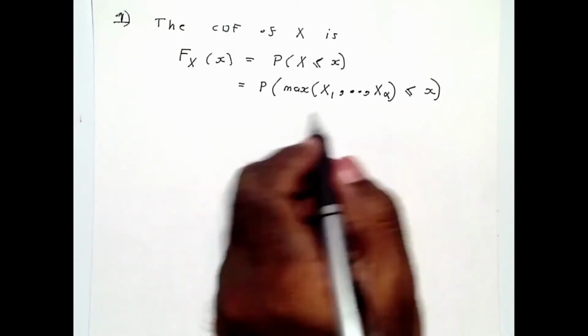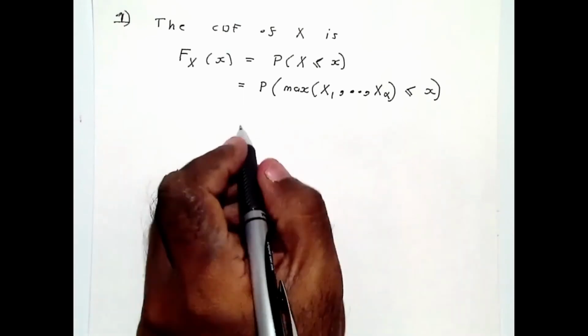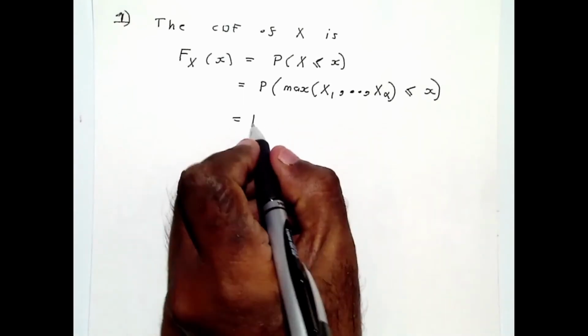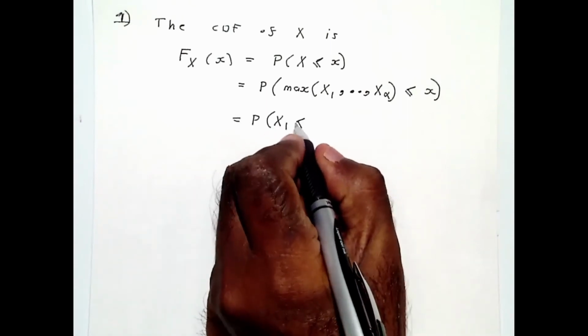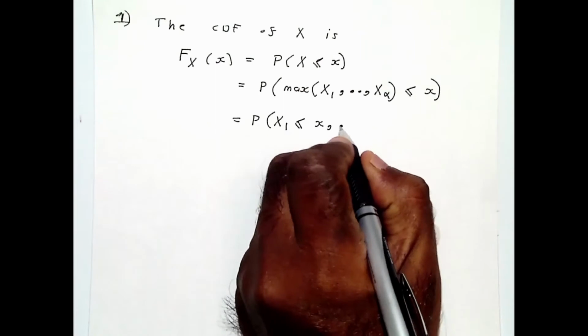Now, if the max is less than or equal to a fixed number, then each of the random variables has to be less than or equal to x.